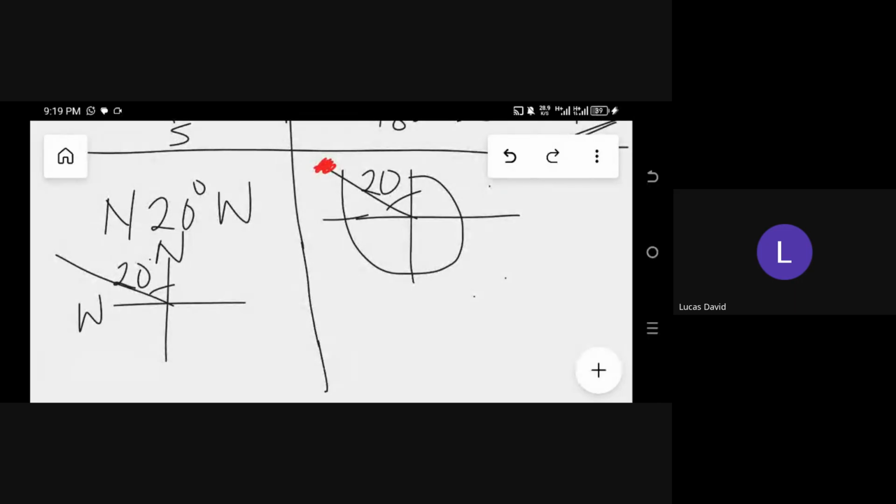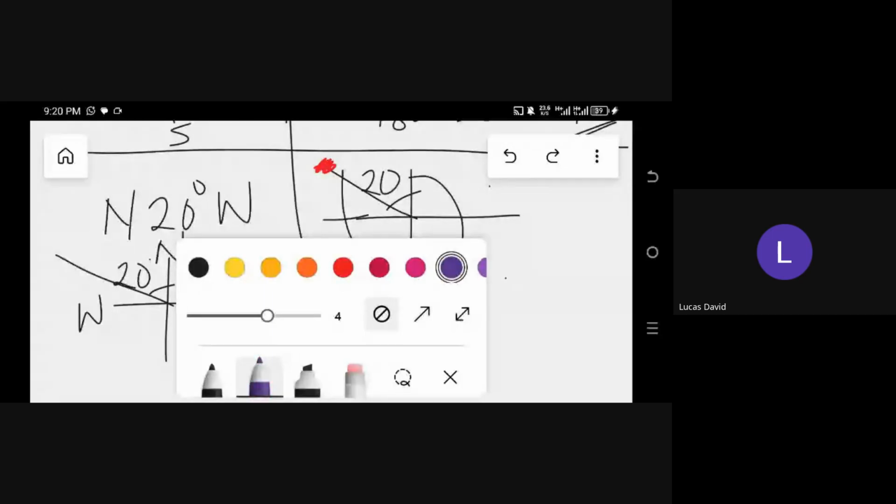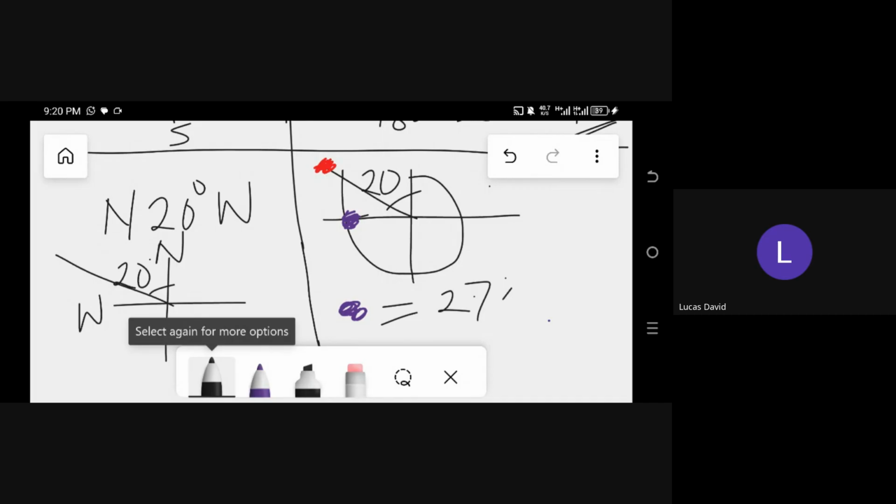So from my first quadrant to this third quadrant, I'll mark this part here with purple. From my first quadrant to this place marked purple, I have 270. So let's say purple equals 270.